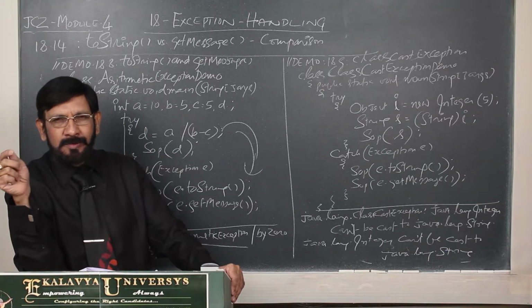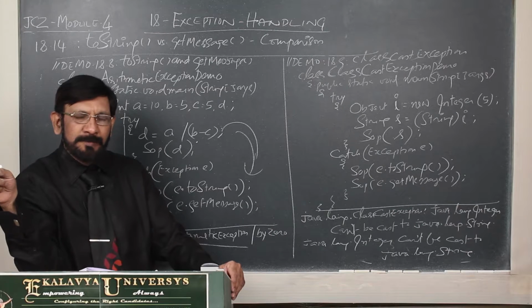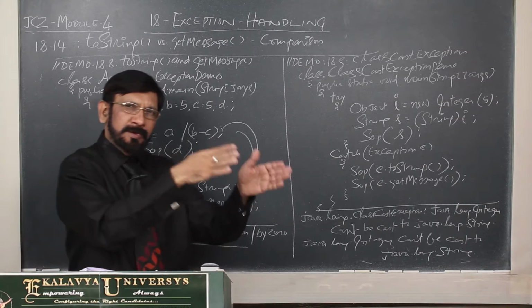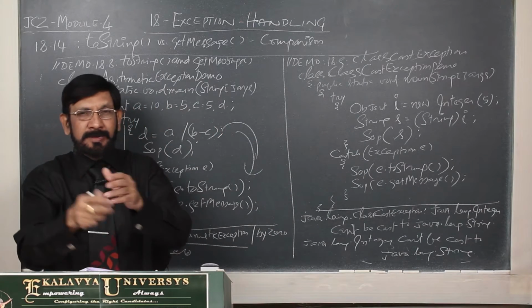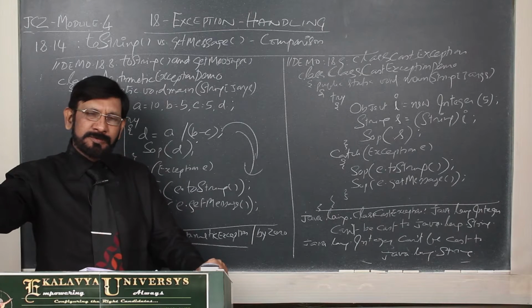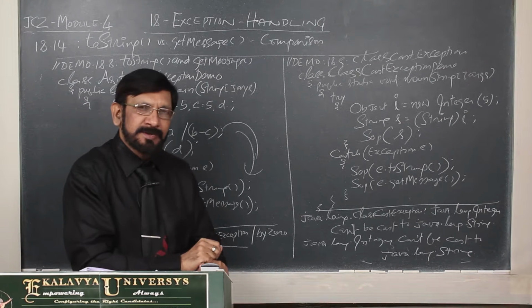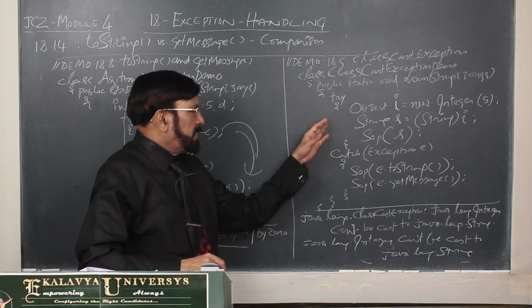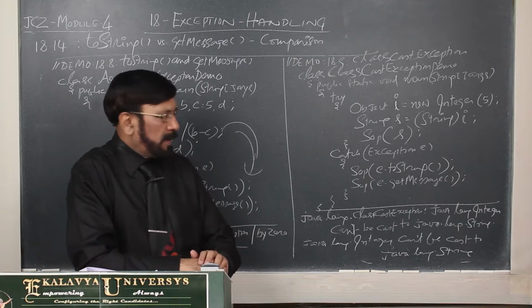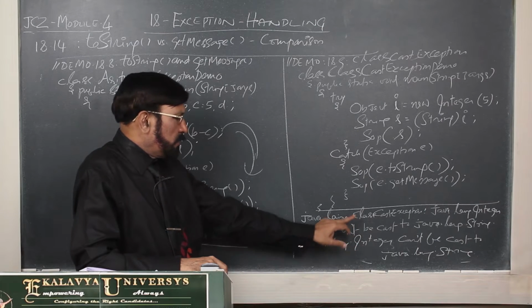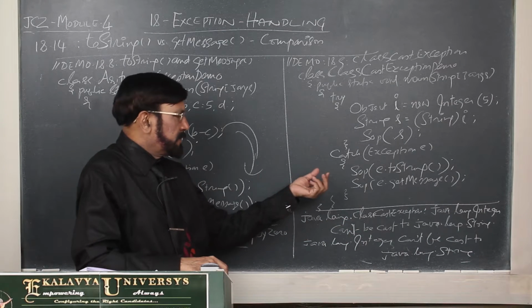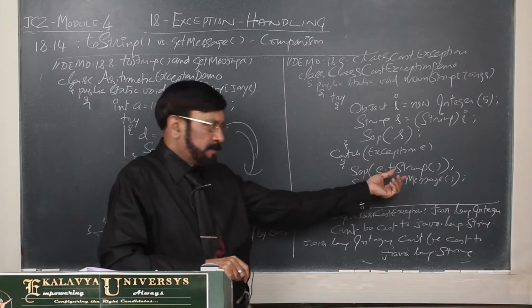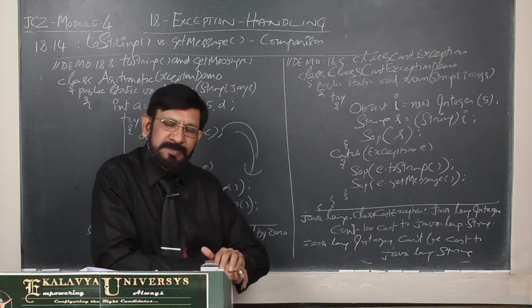If they belong to the same family, like HighSchoolStudent and CollegeStudent, then casting is allowed. Remember that point. Now I explain the simple example, and by that you focus on the two messages: what is the difference between toString and getMessage.